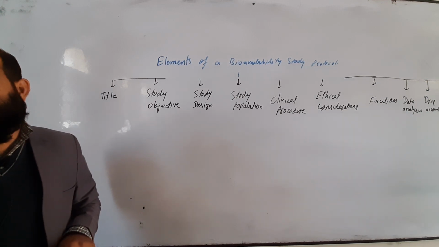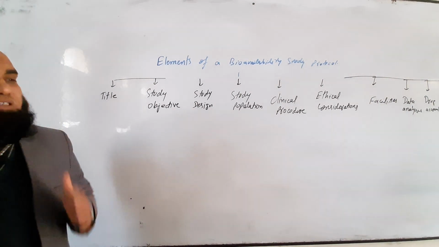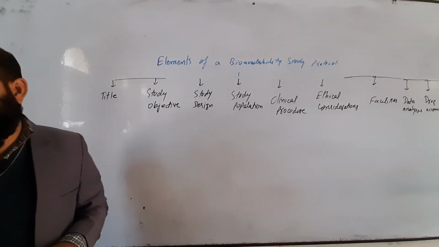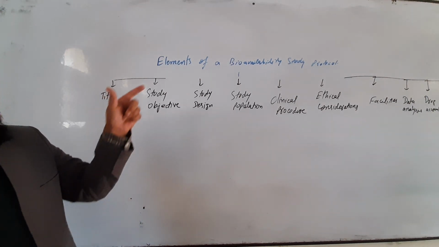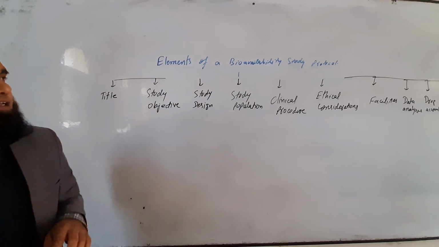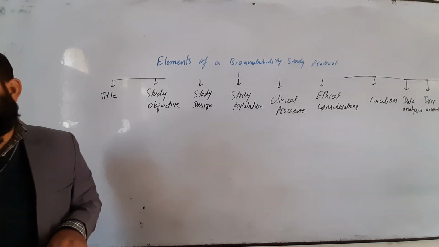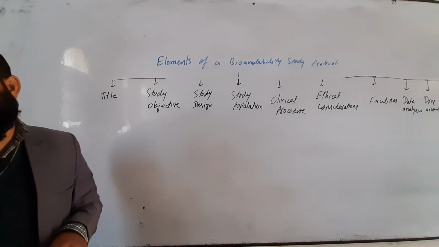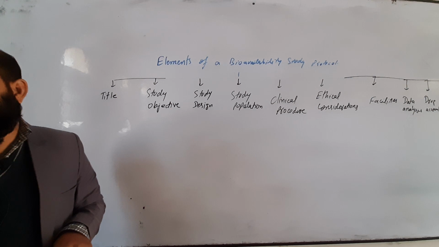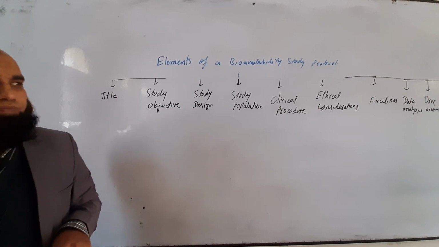bioavailability studies. Remember, we already know the basic difference between bioavailability and bioequivalence. Bioavailability was actually to measure the amount of drug or the concentration of drug at the site of action, and bioequivalence is actually a comparison. Comparison of what? Comparison between the test and the reference.